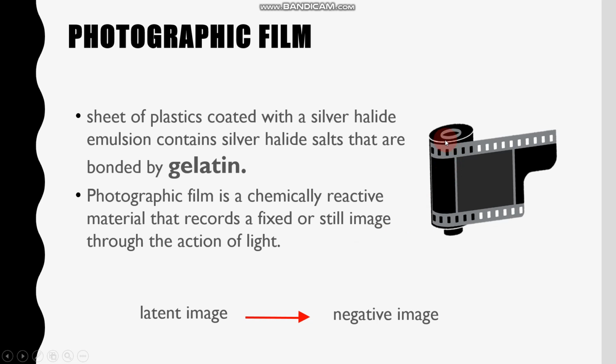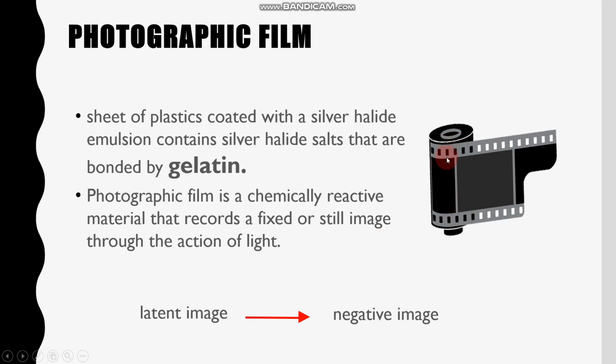Now, yung tawag natin ngayon sa kanya kapag siya is nag-undergo na ng developing process, ang tawag natin kay film is negative. And the image itself, from latent image, ang tawag sa kanya now is negative image. Again, si photographic film, tawag natin sa kanya yan.